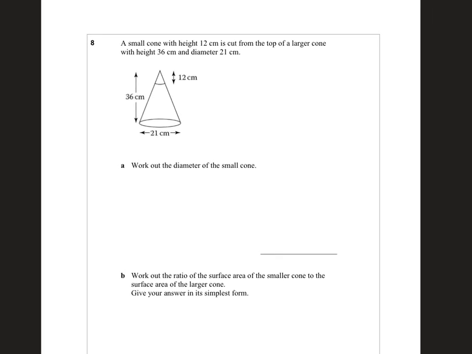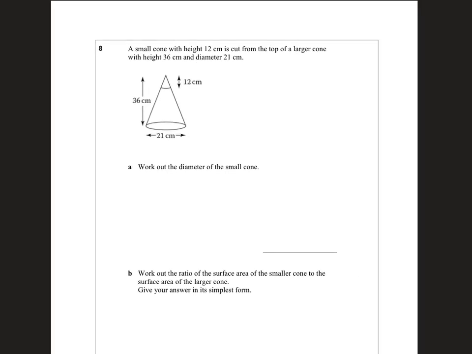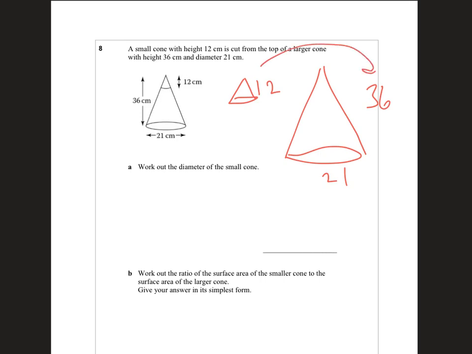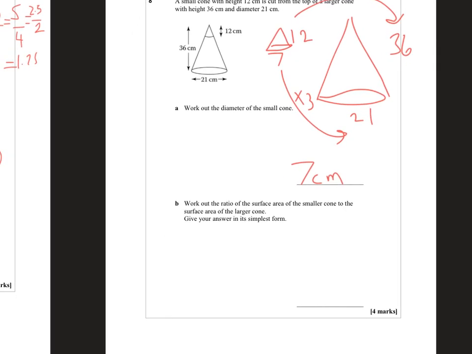Question 8. You've got 2 cones. Now the really key thing here is these are mathematically similar. Okay, so let's put numbers we know, that's 12, 21, 36. So what's the scale factor here? Times by 3. What number do I times by 3 to get 21? 7. That's why that's 7. Now that's length.